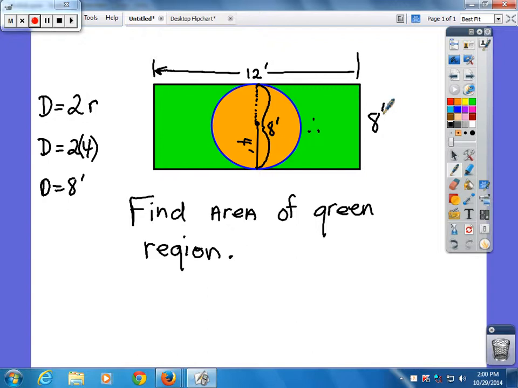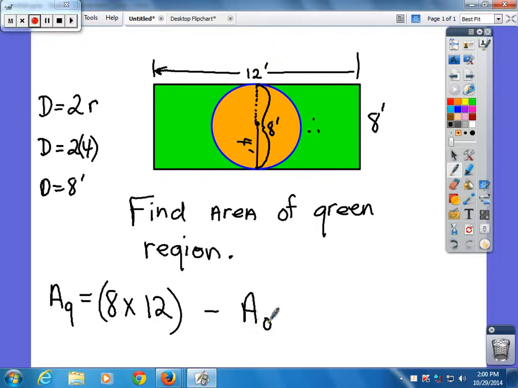So now, the area of the green region is what? 8 times what? 12. Minus the area of the orange region, which is pi r squared, which is pi 4 squared.